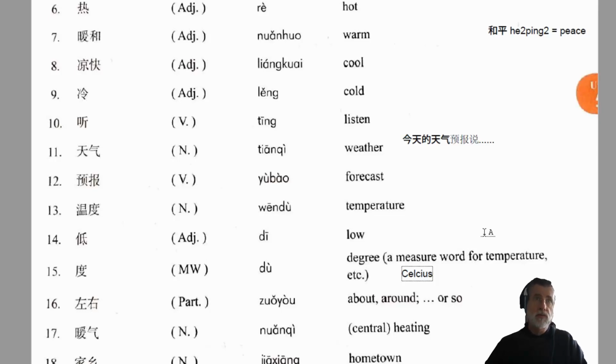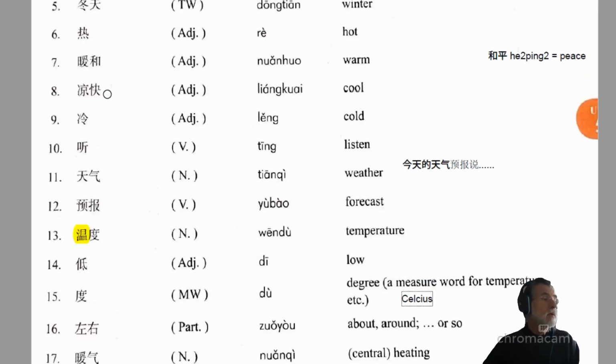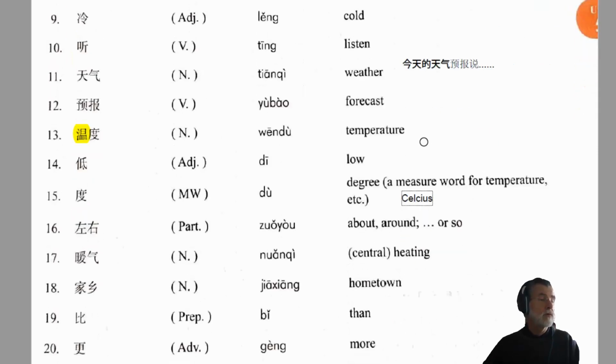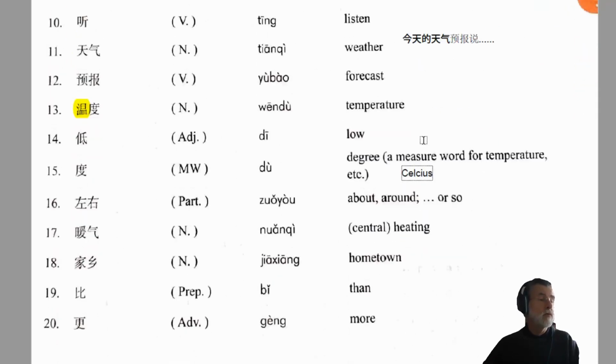It can mean warmth in terms of actual, physical warmth of the weather and so on. But it can also mean warm in terms of human feeling. So this is taking this 温 here in number 13 and combining it with the 暖 up in 7. 温暖 meaning warmth, both in terms of temperature and in terms of human emotion.